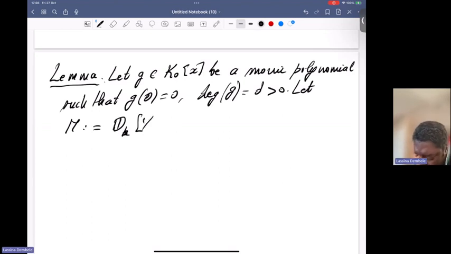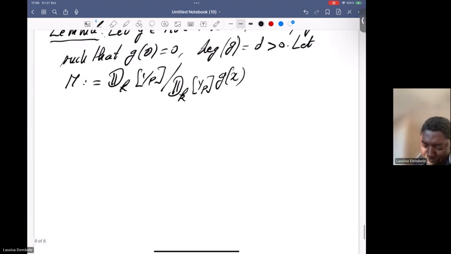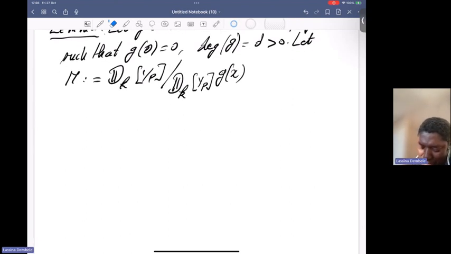So we let, I didn't think I'd have a hard time writing boldface D, but this is the boldface D. And then we quotient by boldface D times G. So we are looking at the left ideal generated by G, and then we quotient the ring by that ideal.